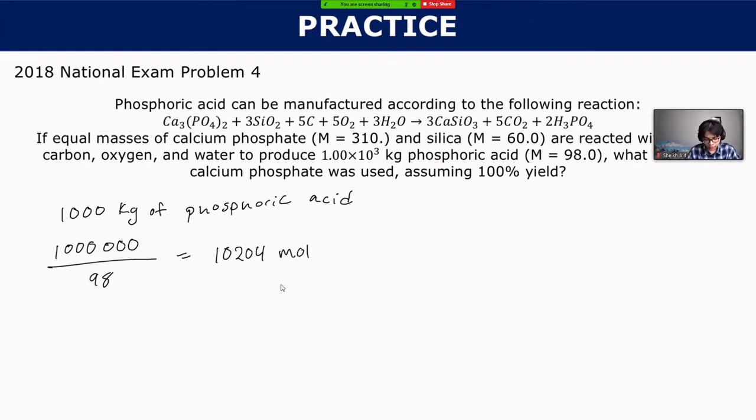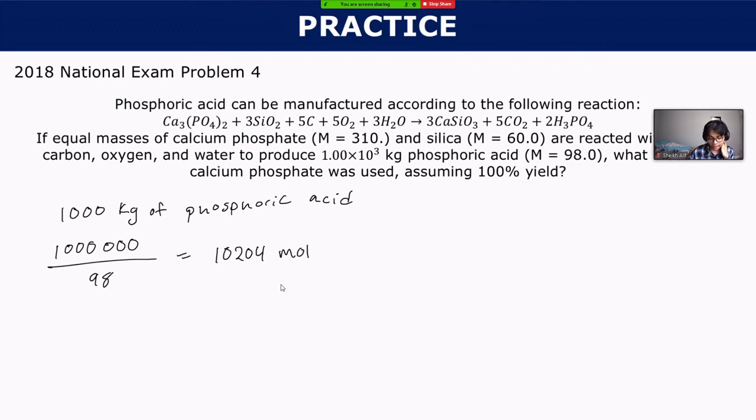Now, what we could do here is just convert the number of moles of phosphoric acid to the moles of calcium phosphate. But the problem with that is that we don't know if calcium phosphate is going to be the limiting reactant, or if silica is going to be the limiting reactant, because we're told that they have the same masses.